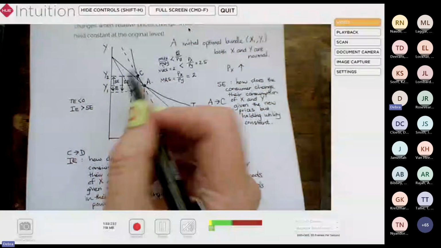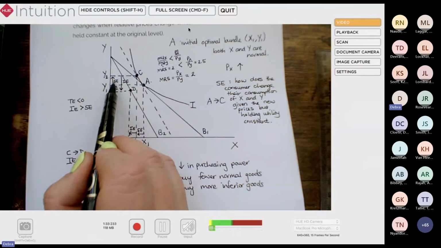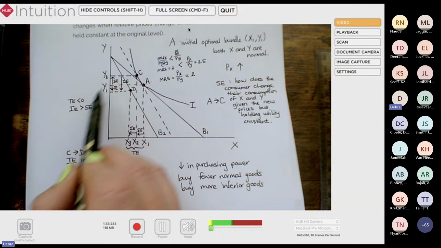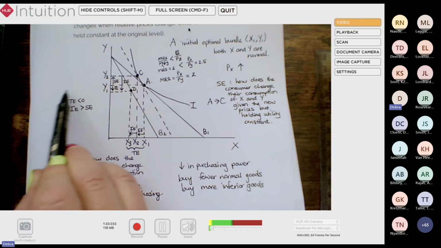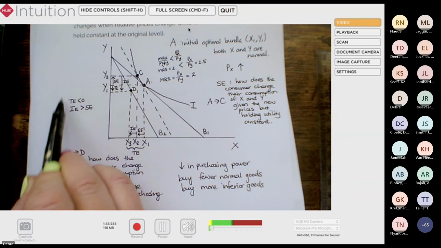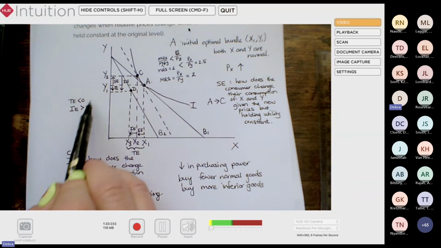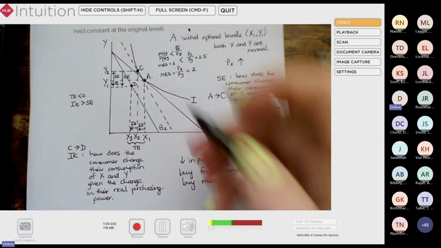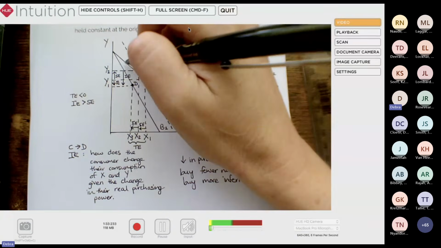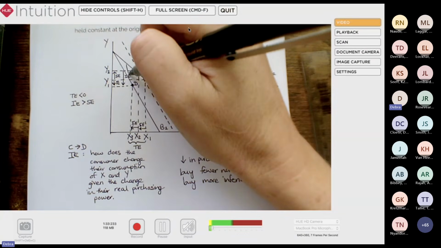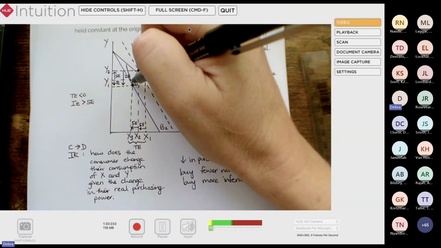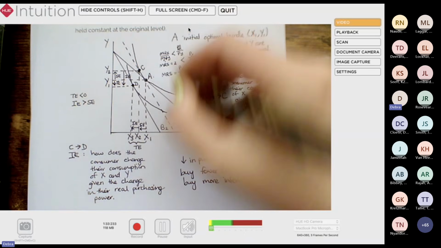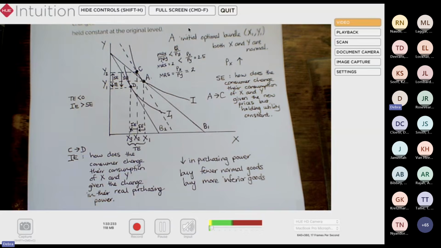So my negative income effect is larger than my positive substitution effect, which is why my total effect is negative overall. Okay, so this is the theory of how the movements change. And I could finish this off by just drawing an indifference curve that is tangent to my new budget line at that new best affordable point, D.